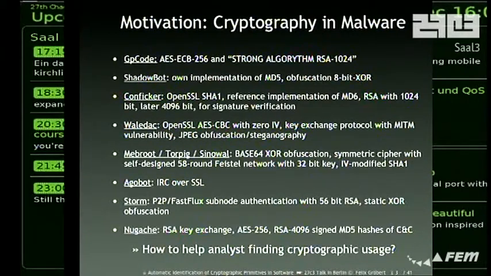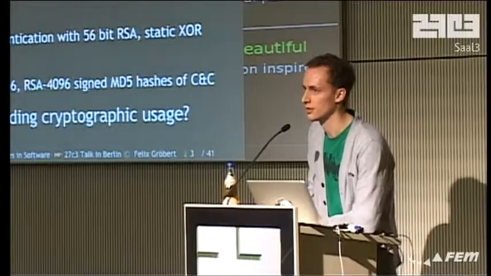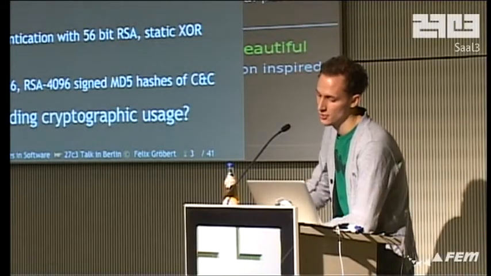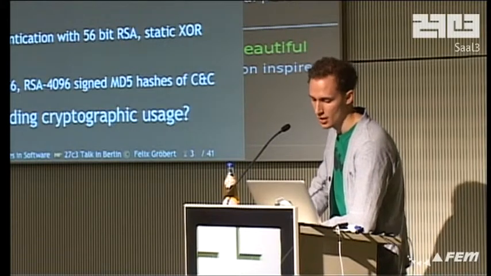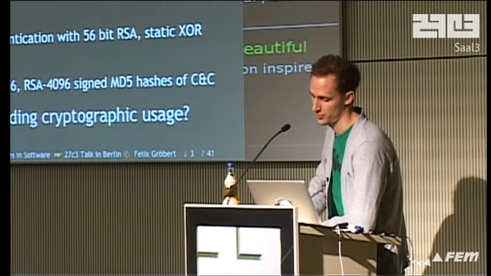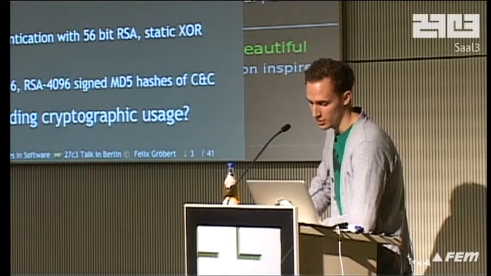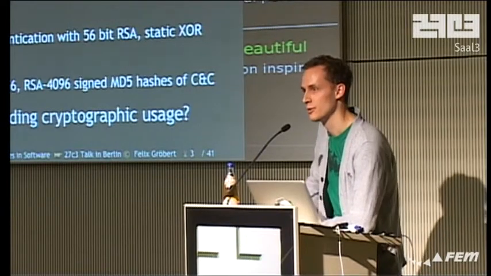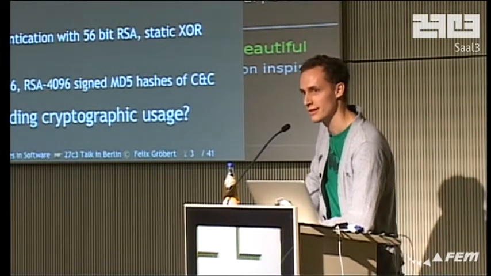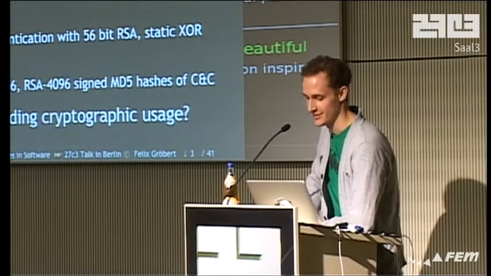So if you were a malware analyst computing a SHA-1 over their packets, you would get a different SHA-1 sum because they used different IVs. Agobot used plain old IRC over SSL. Sometimes that works too. Storm had the very secure authentication of 56-bit RSA, which is not long enough.